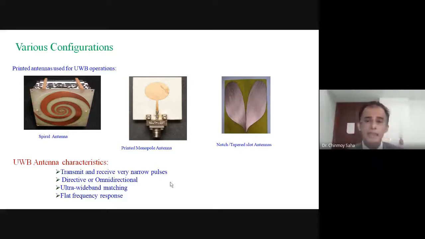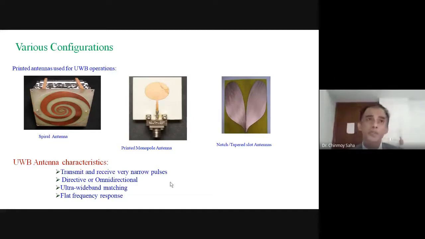On the antenna side, if you really want to have that much bandwidth, you need to think of some special antennas. These are some popular antennas which have been reported by various research groups: the spiral antenna, the printed monopole antenna, the notched or tapered slot antenna, and these are the typical UWB antenna characteristics one aims for when you try to design such an antenna. Transmit and receive very narrow pulses, directive or omnidirectional.